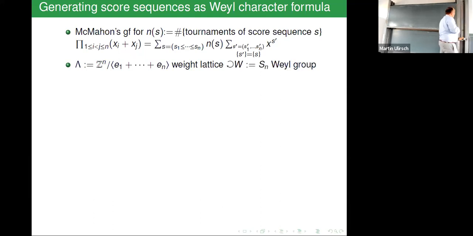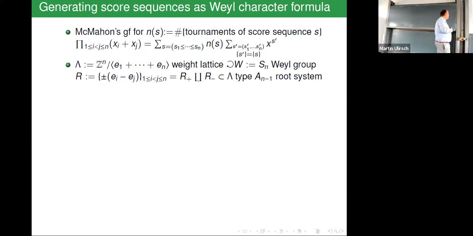So we will take the weight lattice of type A_{n-1}, which will be Z^n modulo the diagonal line, so it will be an (n-1)-dimensional lattice. It has an action of S_n in this case. The type A_{n-1} root system is exactly the possible outcomes.